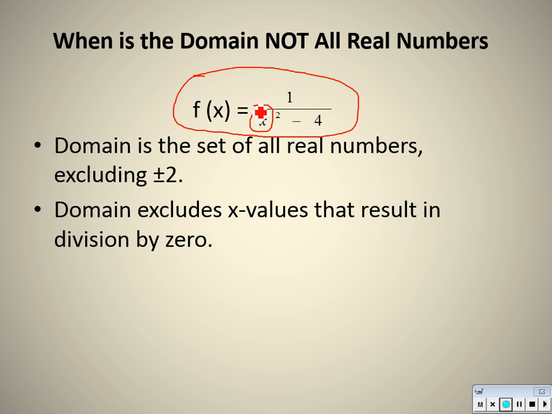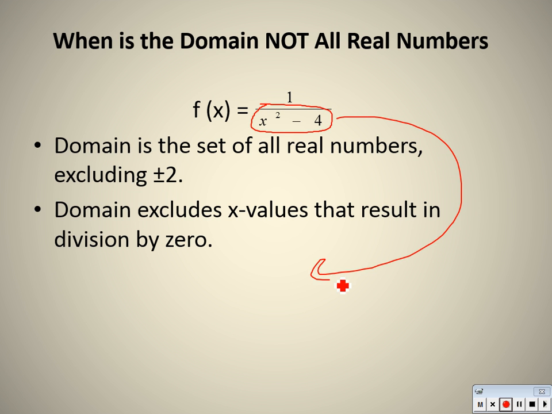Anytime we have a fraction with a variable in the denominator and we want to know what the domain is, since it's not just all real numbers, we take the denominator of the fraction. And we say that x squared minus 4 in this case can't equal 0.